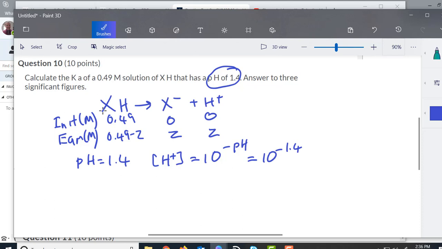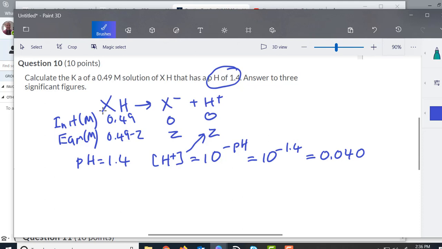And that is going to be 0.040, which also happens to equal Z as well. So the concentration of H+ is going to be Z.